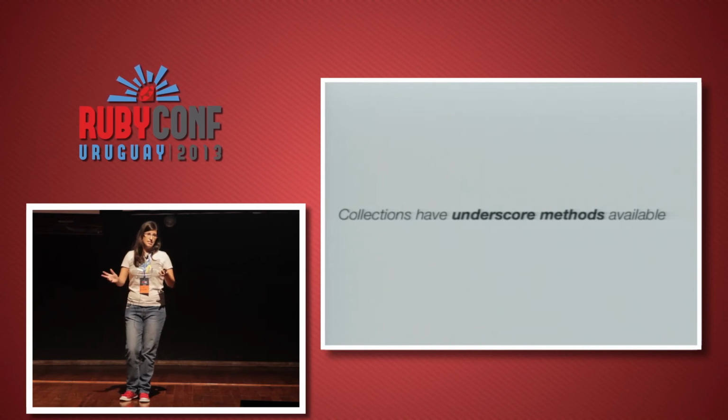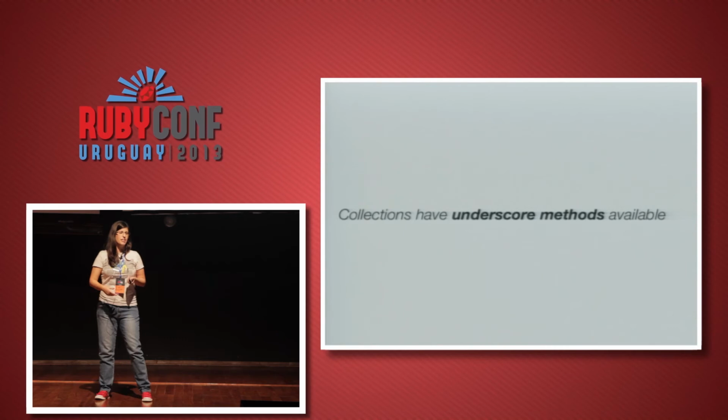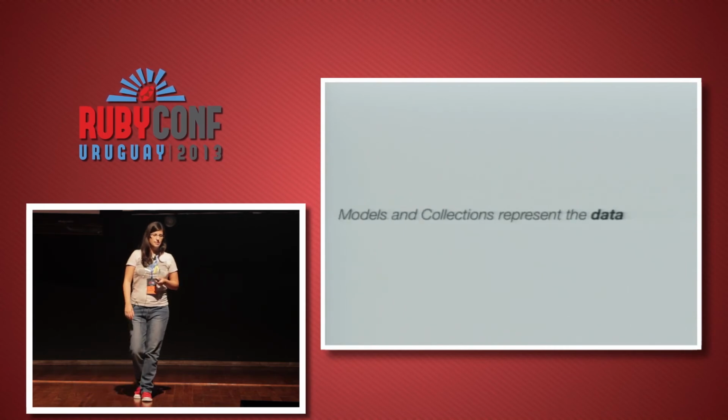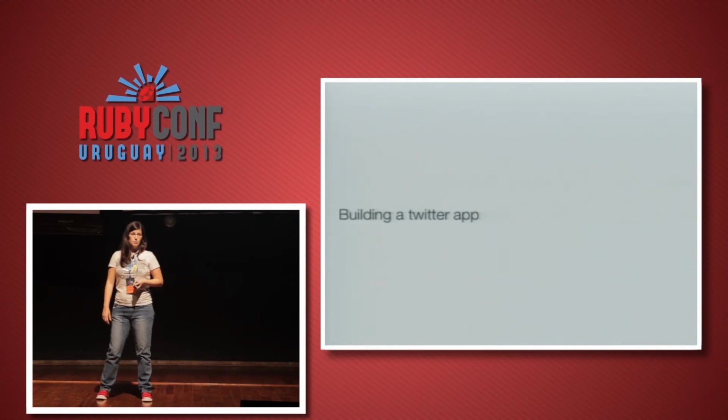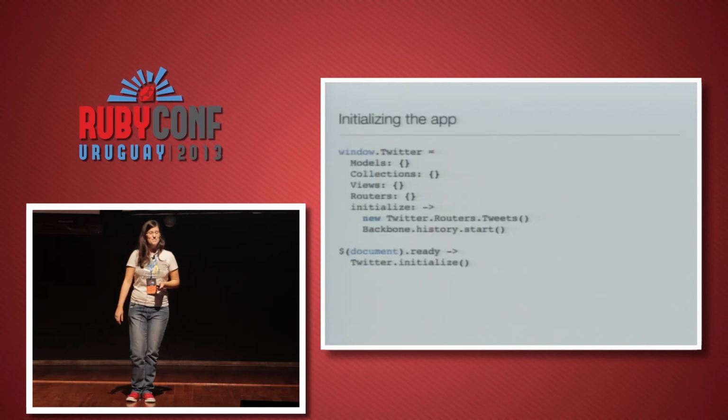What collections do is group these instances so they can apply the Underscore methods. And models and collections represent the data. Well, now something about code: the great Twitter.